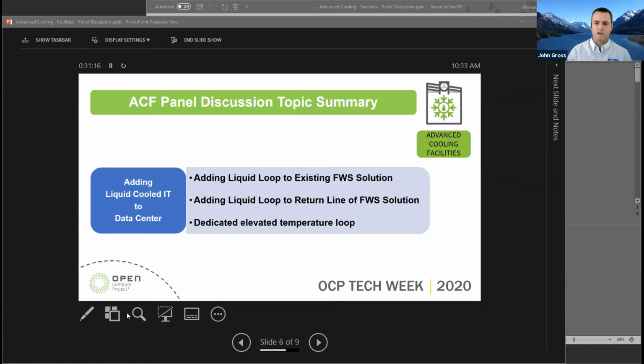In 2018, there was a white paper published that talked about material compatibility quite extensively. And the idea that we have with this group is that where that work has already been done, we want to reference it, and we want to guide the participants in this effort to use that existing work.